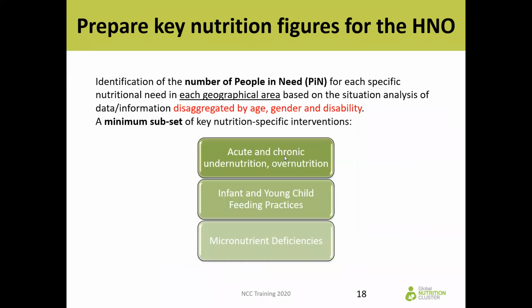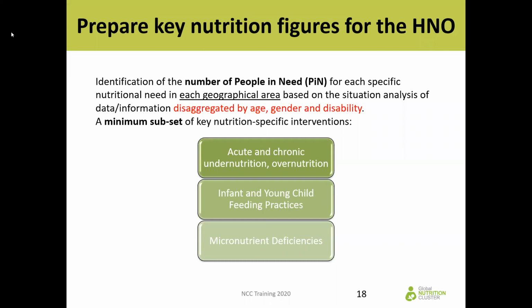Now our third section of the guidance, so the preparation of key figures for the HNO. Once we've done the severity classification, then these results lay the foundation for a coherent and efficient humanitarian response based on the magnitude identified. And it's really understanding this magnitude that we could have an understanding of how we can guide the response.